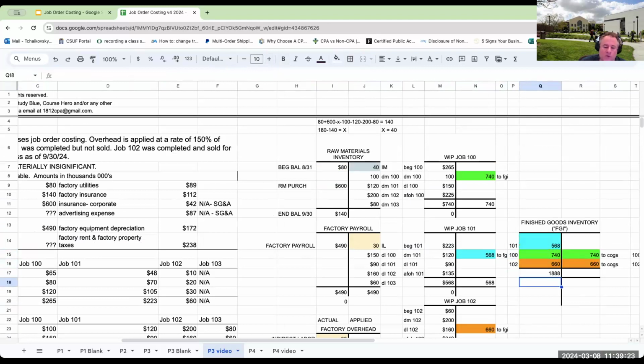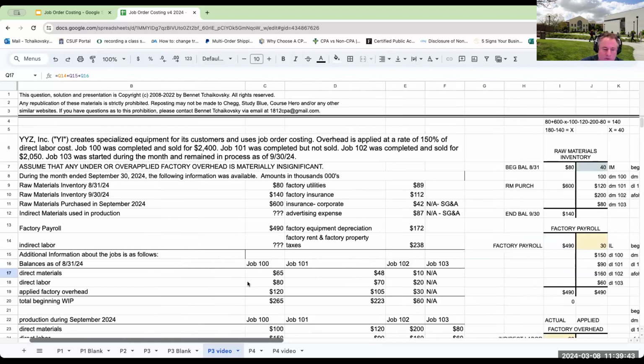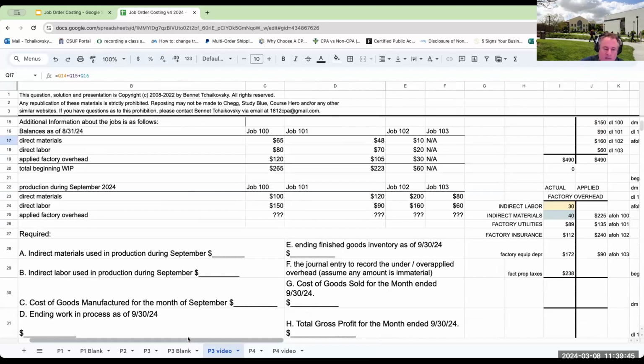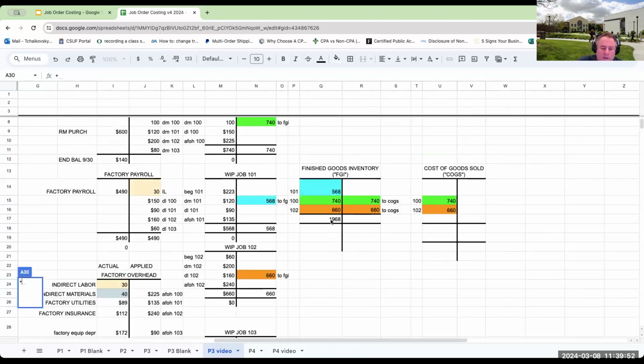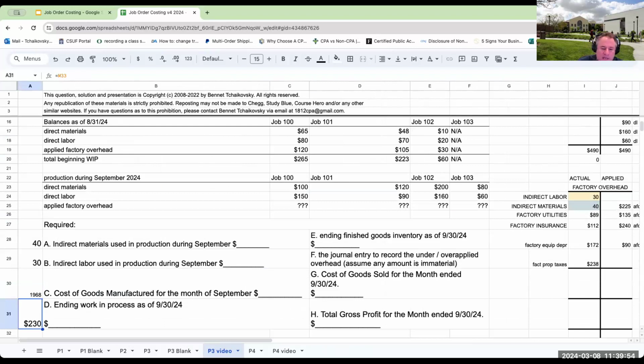So the total dollar amount I sent to my finished goods inventory is going to be 568 plus 740 plus 660, or a total of 1968. So my cost of goods manufactured, right? It's the total amount I sent over to my finished goods inventory, is going to be 1968.